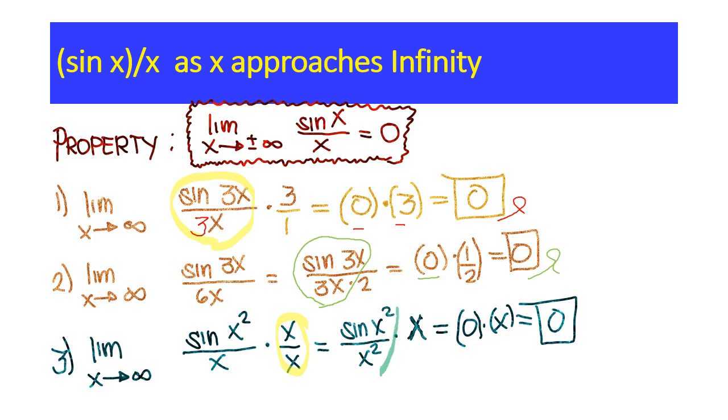At ito daw po will fall under the property. So this one will be 0 and may matitirang x. If we try to plug in the value of the limit, which is infinity, to this x, 0 times infinity, or a large number, will also give us 0. Any number multiplied by 0 is 0 gaano man pong kalaki yan. So we are having 0.